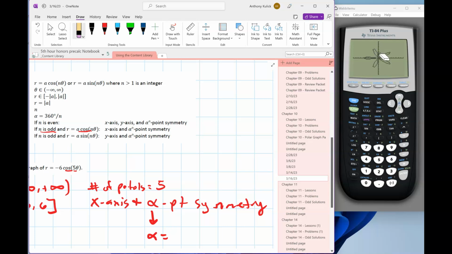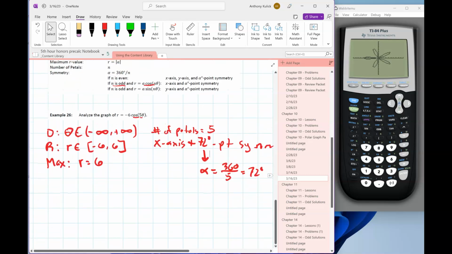So alpha should be 360 divided by 5. So it should be 72 degrees. What do you guys think? Basically just using the properties, right? No big deal.